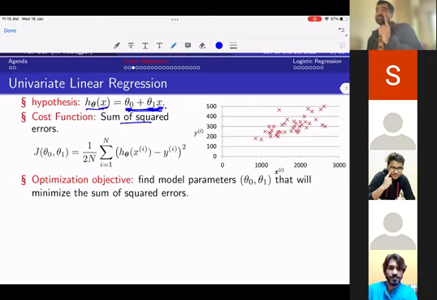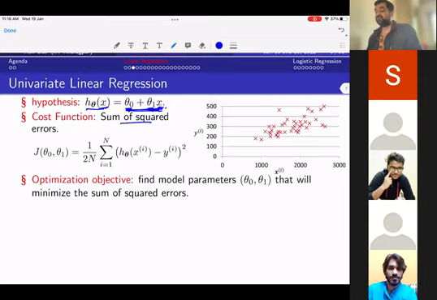These y's, you remember, these are y hats, right? These are predicted values. And if these y hats are exactly similar to the y's, then you have nothing to do. You have found your theta 0 and theta 1. But if not, then you need to minimize that distance, some sort of that disagreement.